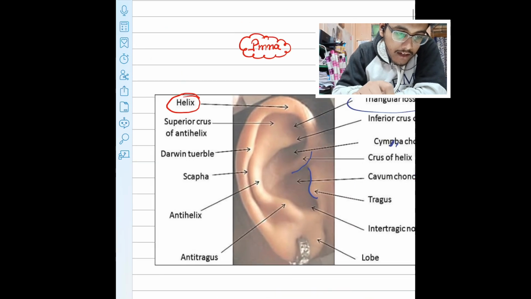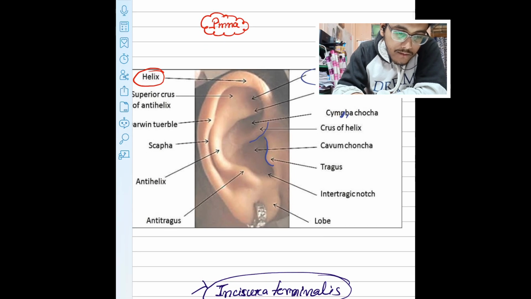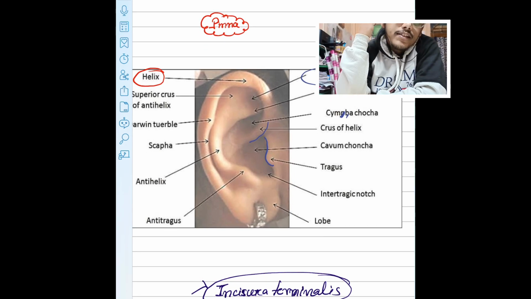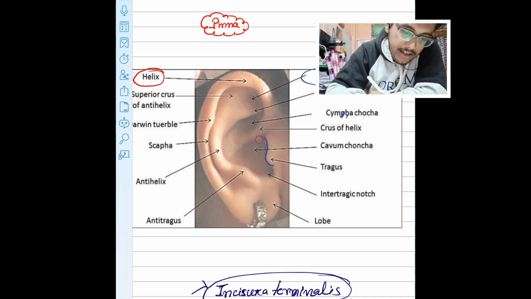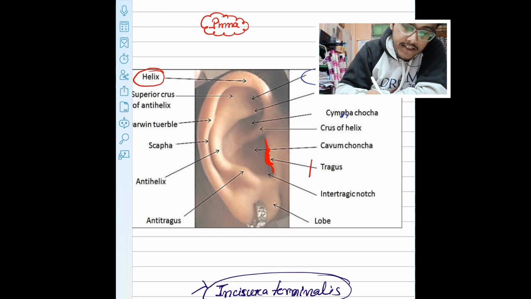Now we come to the pinna. From outside we can see the pinna. What are the components of the pinna? First, this area, this red color area I am drawing, is known as the tragus.